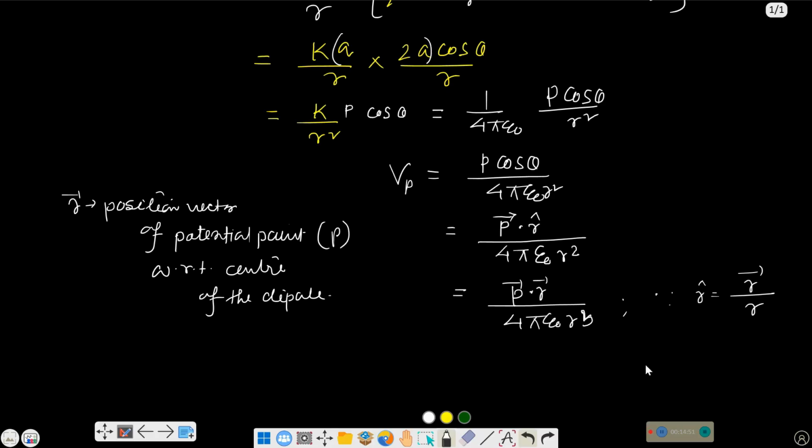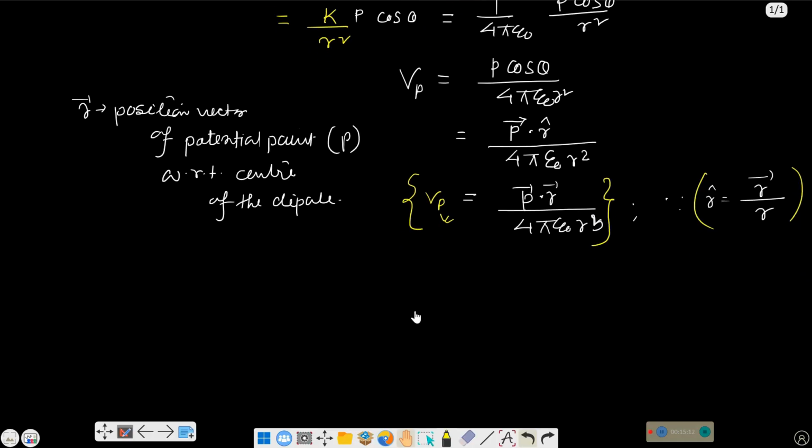Its magnitude was r, so because of the magnitude r, we can write it here. So this is the vector form, since potential is a scalar quantity, it can be represented with the help of the scalar product, that is the dot product. Okay, so this is your potential due to an electric dipole.